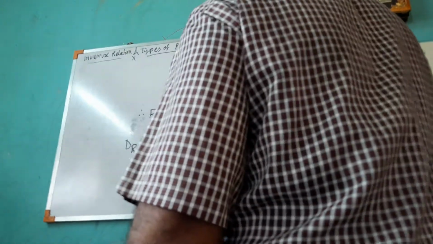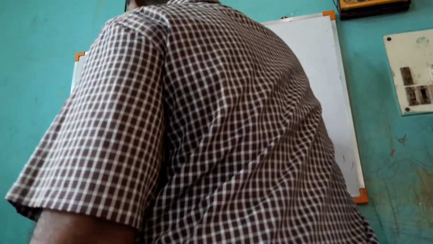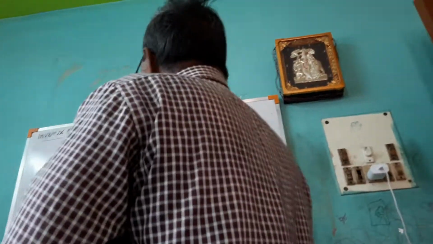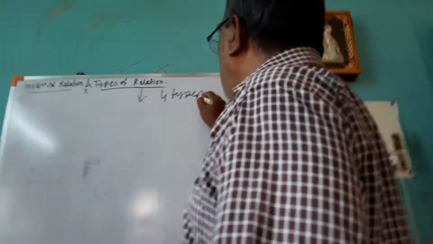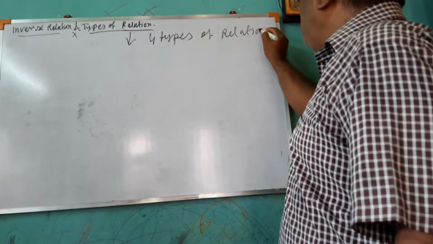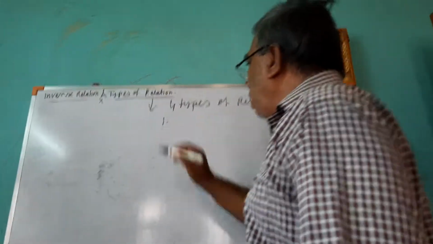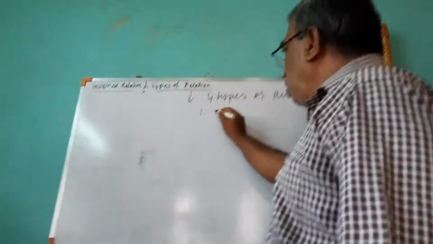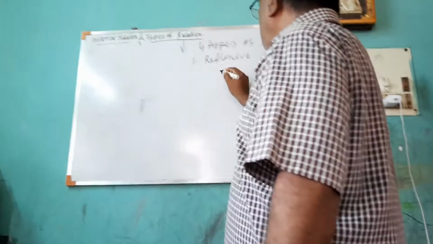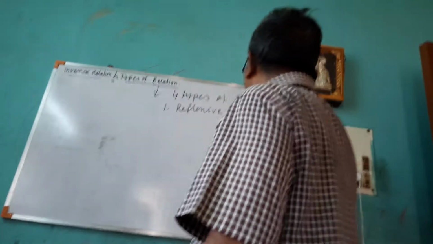Okay, so now types of relation. This is very important. There are 4 types of relation. Number one, reflexive relation.